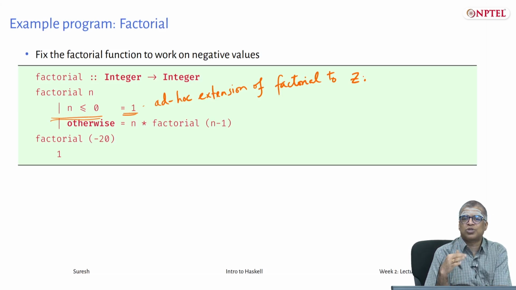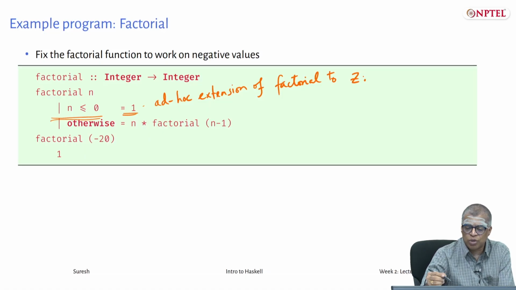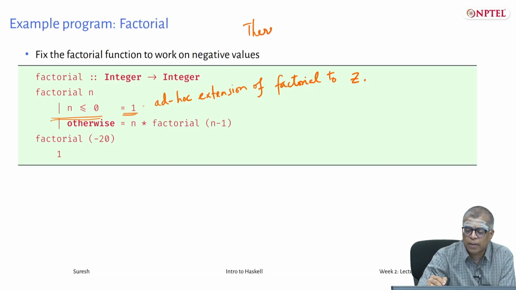Normally the factorial function has domain natural numbers. Now we are trying to invoke it with all integers. Okay, and of course in mathematics you know that factorial is a function that is only defined on natural numbers, but when you write Haskell there is no natural number type in Haskell.